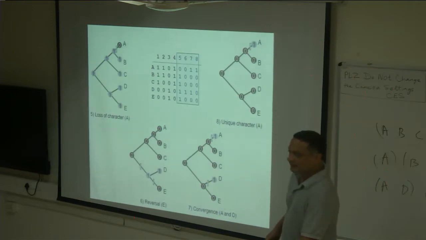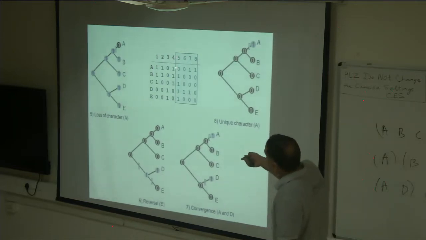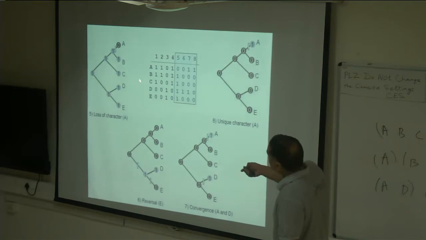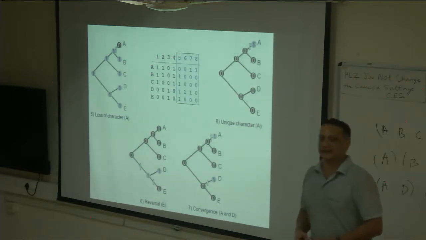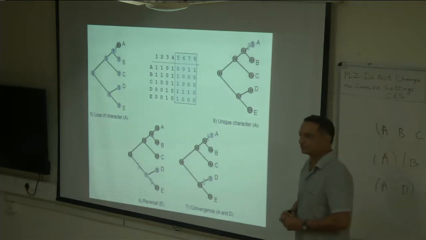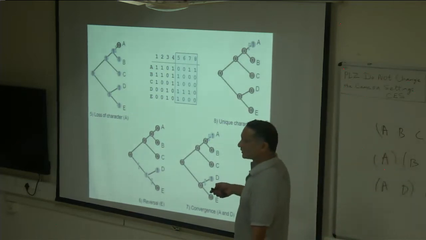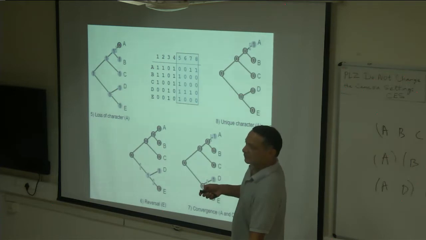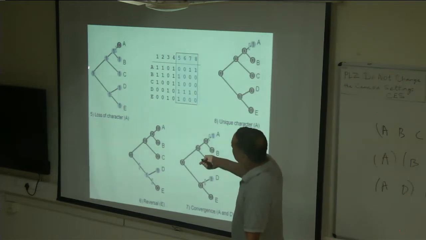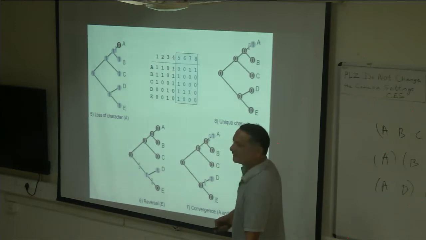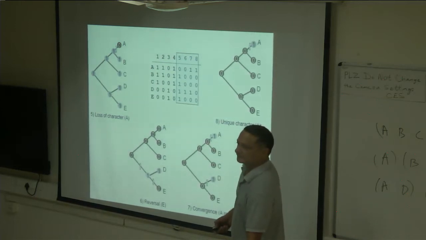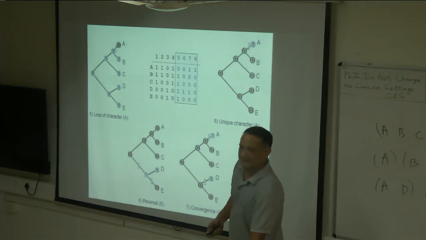Now, given this tree, look at character number 5. It is present in B, C, D, and E, and is absent in A. Right? So the most logical conclusion is that the character was present in the common ancestor and it was lost on the lineage leading to A. Does that make sense?